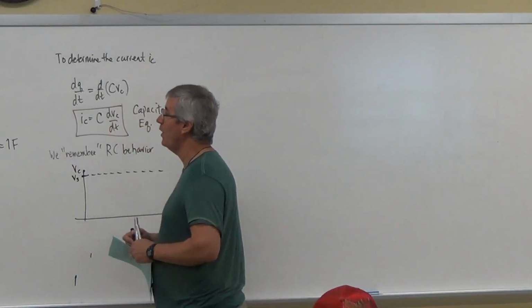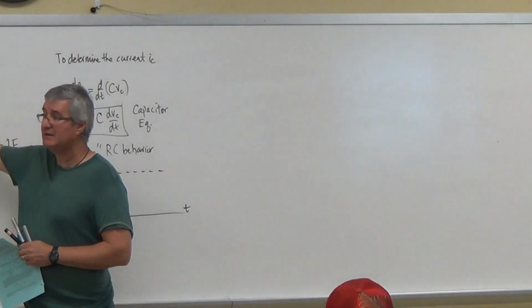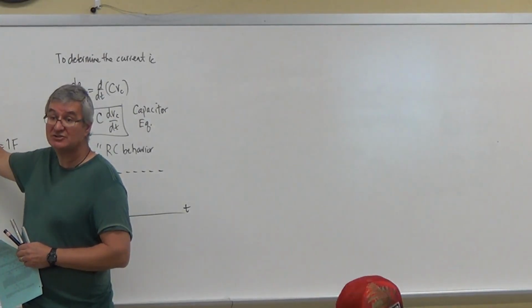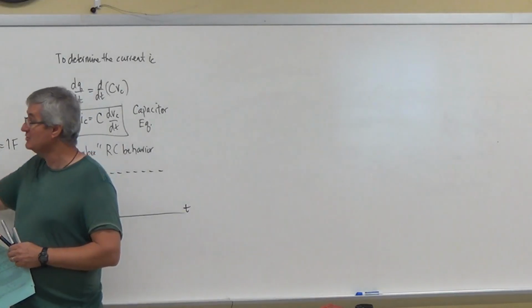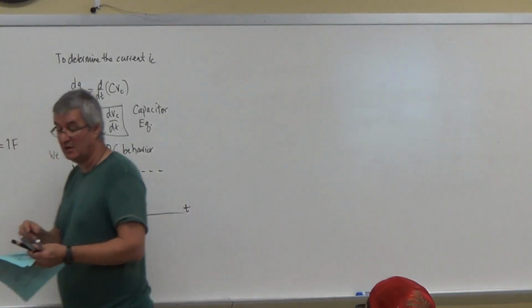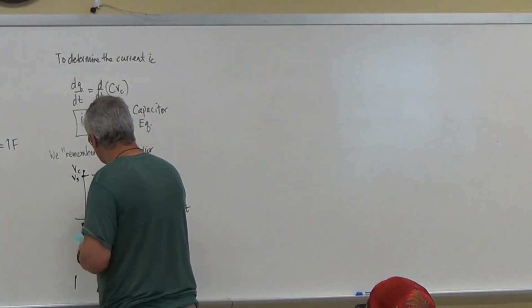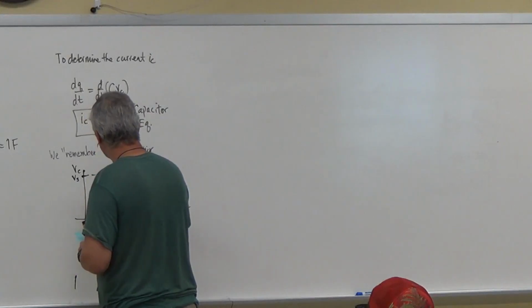That means when I am charging up, I expect that the current should be non-zero. When I'm looking at this capacitor and have an increase in the current as it's happening, you get a curve that looks something like this.